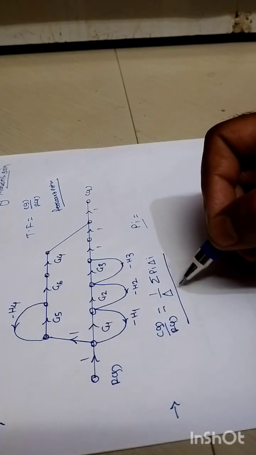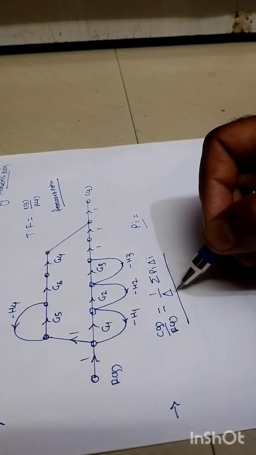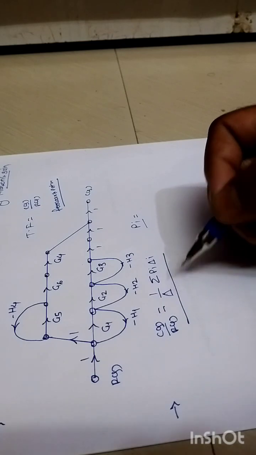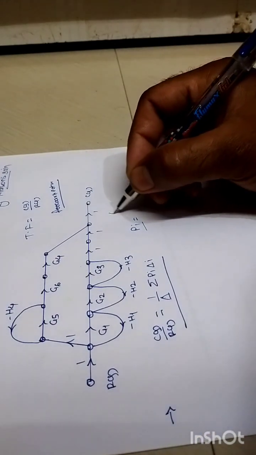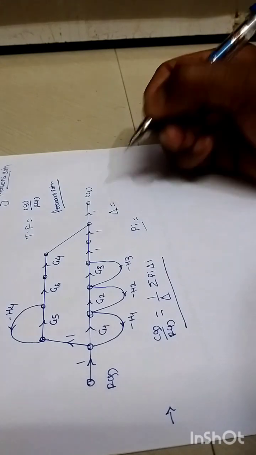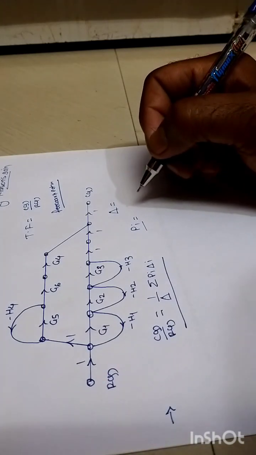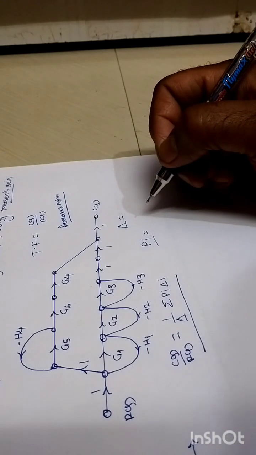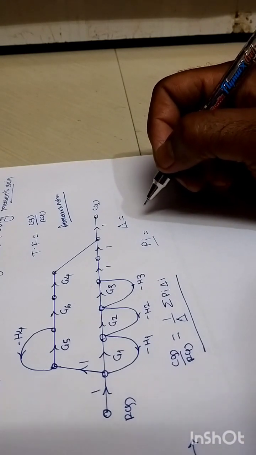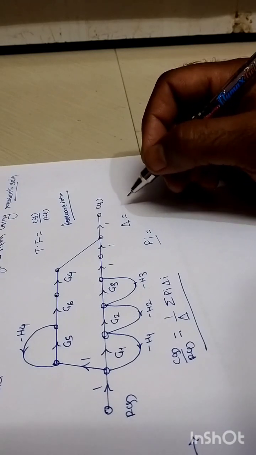Another notation present in Mason's gain formula is delta. In mathematics, delta is called a determinant. Similarly here, delta is the system determinant. How is this delta tabulated?